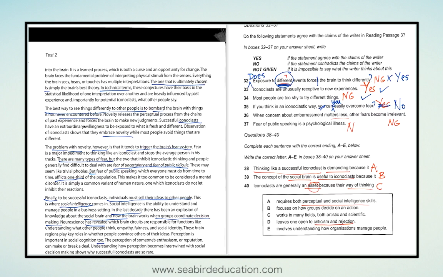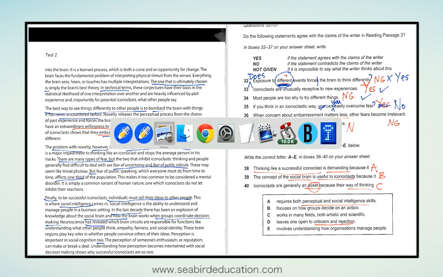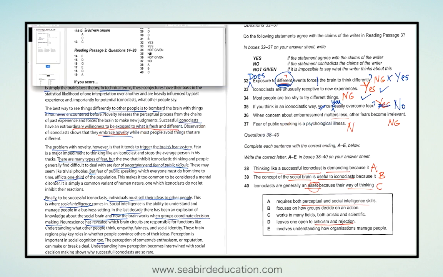They have an extraordinary willingness to expose to what is fresh and different. They embrace novelty and avoid things that are different. 35, no. Can you easily overcome fear? Where does it say they do still have fear?